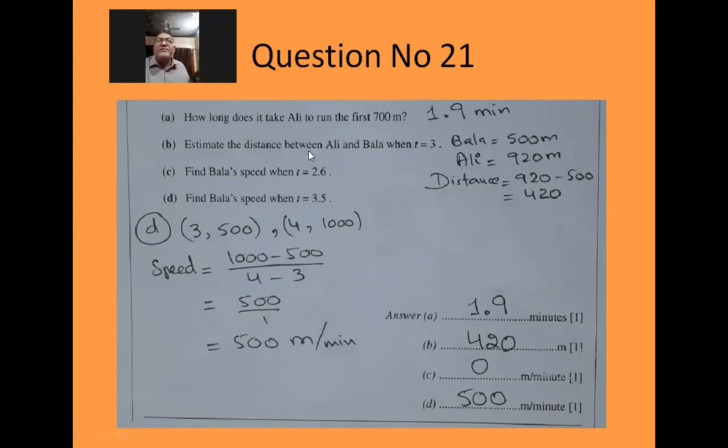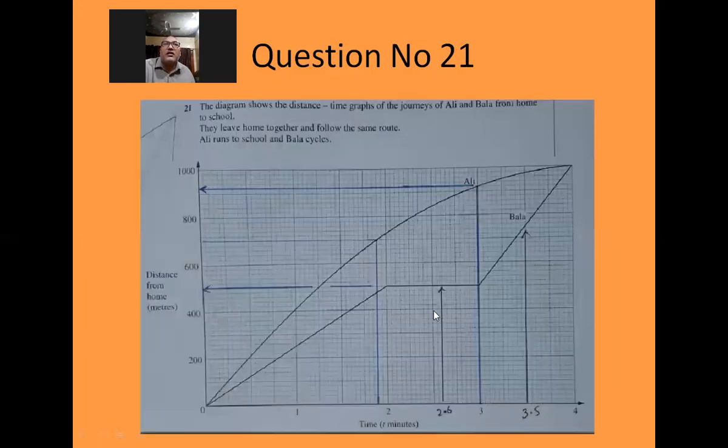This B part: estimate the distance between Ali and Bala when the time is equal to 3. Let me show you. This part I think I have missed. When the time is 3, the distance traveled by Bala is something like 500, and Ali has traveled something like 900.